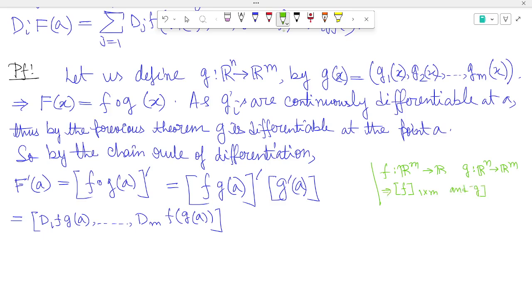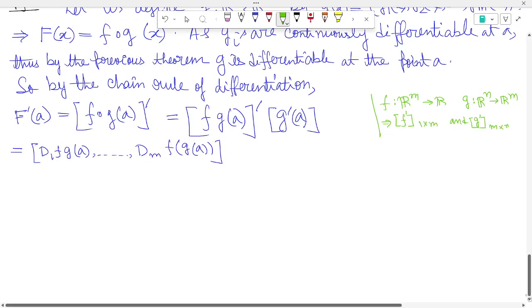So the matrix representation of g dash will be an m cross n order matrix. So what are the entries? We know from the previous theorem again.